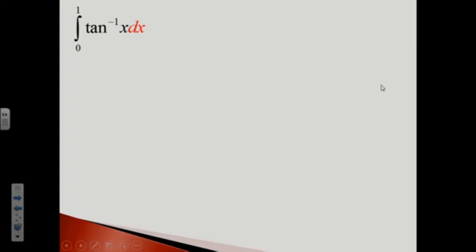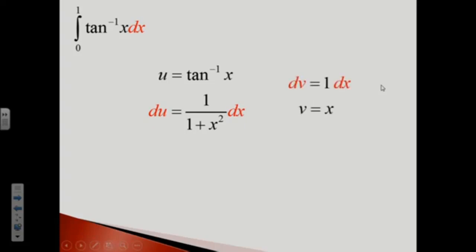Find the integral of inverse tangent x from 0 to 1. Let u be inverse tangent x, then du is 1 over 1 plus x squared dx. dv equals dx, so v equals x. Applying the formula for integration by parts gives x inverse tangent of x minus the integral of x over 1 plus x squared dx.